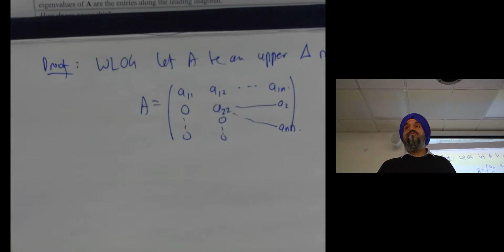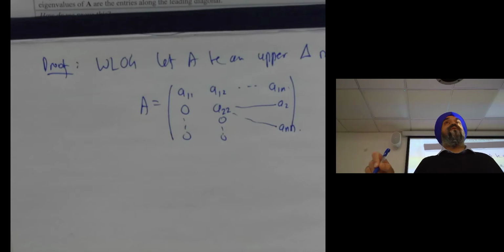It's a triangular matrix already. You're given a triangular matrix. What do you want to show? What's my last line going to be?